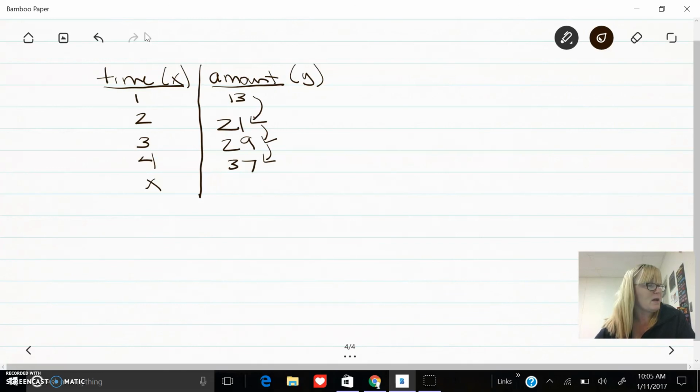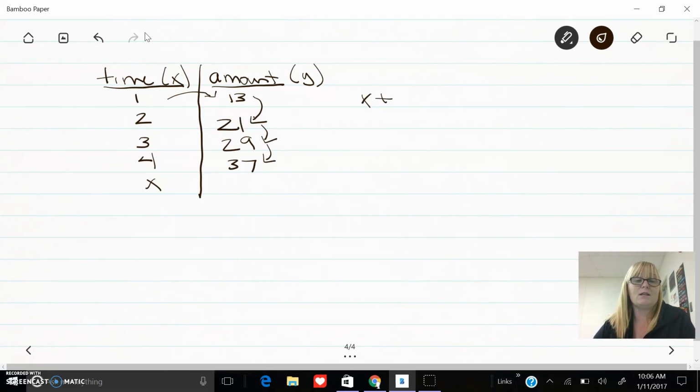So the best way to be able to find something like this is, I need a multiplication and then I need an addition. So I need to figure out how to get from 1 to 13 using multiplication and addition. This is a two-step process. So if I can't get from one here to the other, then I got to figure out how to get from here to here using multiplication and addition.